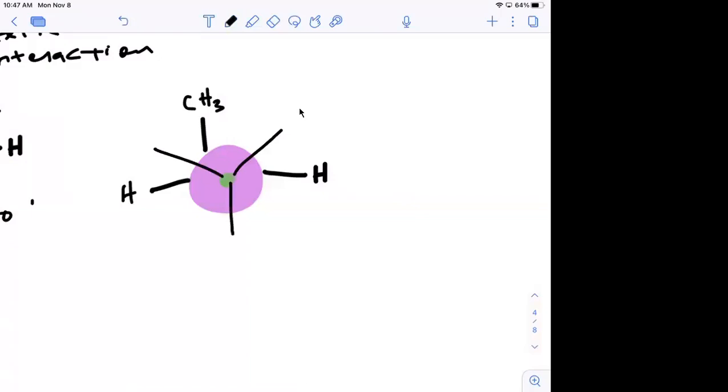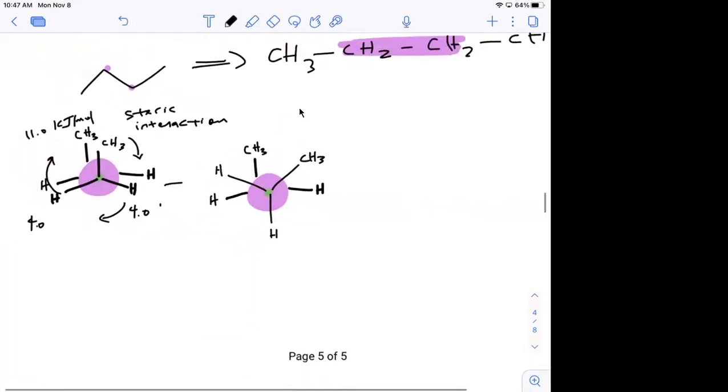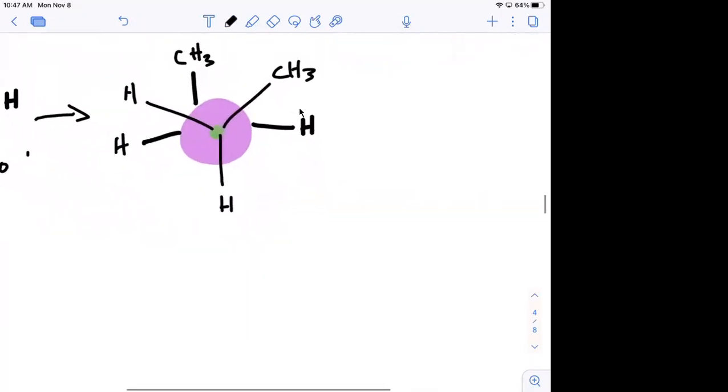Staggered. Following? Yes, no? So if I rotate around 60 degrees from this conformation, I get to here. This is not only staggered, but there's a special name for it. And it's gauche.